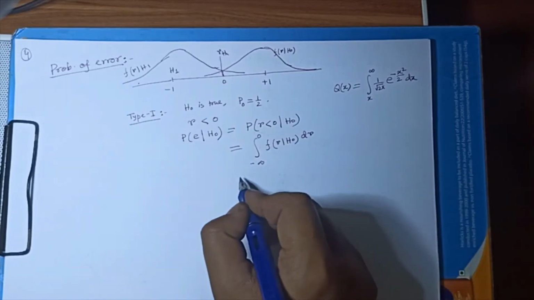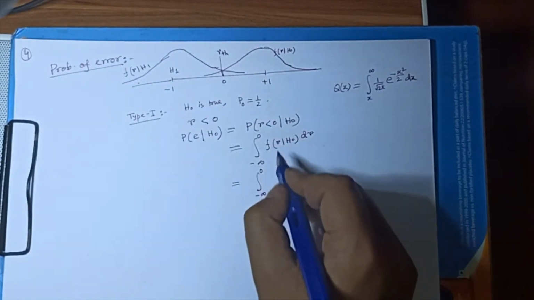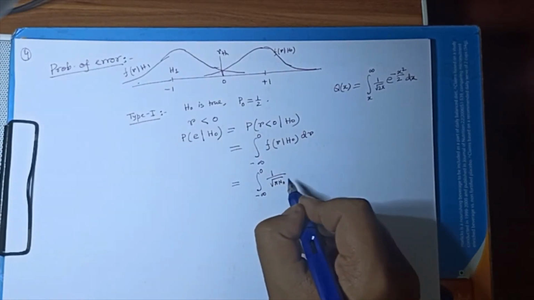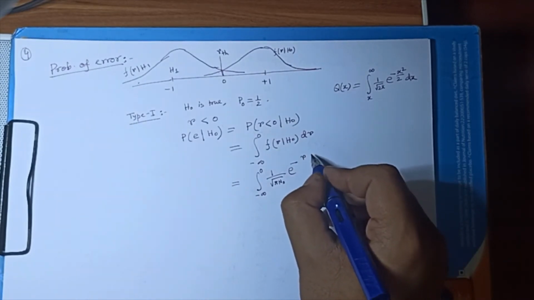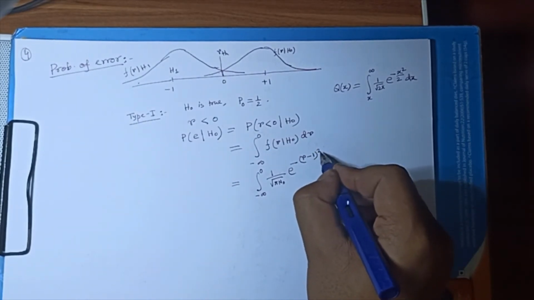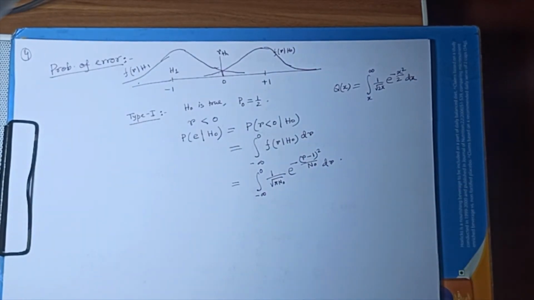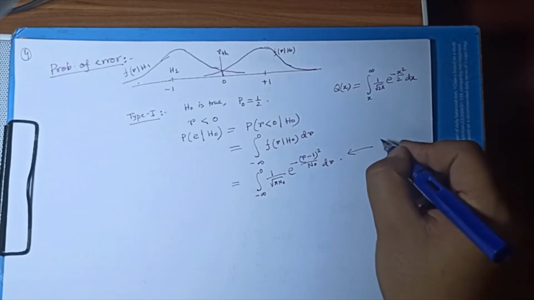I can write the structure here: minus infinity to 0, 1 by root over of pi n0 e to the power minus r minus 1 square by n0 dr. This integral is the probability of error. Okay. It is your homework exercise.